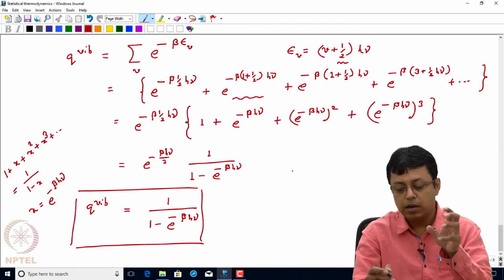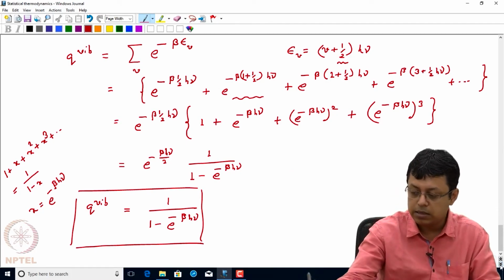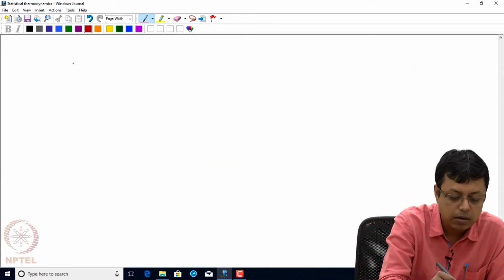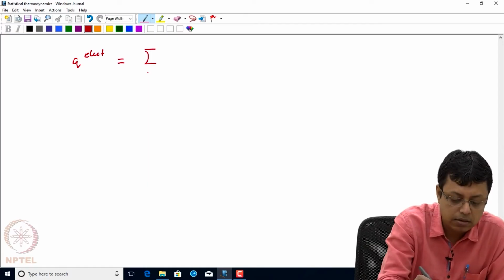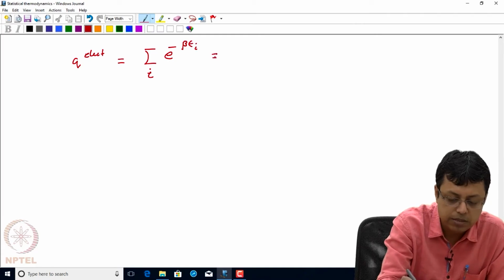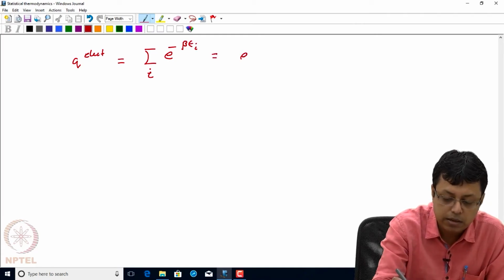So the electronic partition function is a sum over all the electronic energy levels of e to the power minus beta epsilon i, but it is just the first energy level, beta epsilon 1, the ground state.